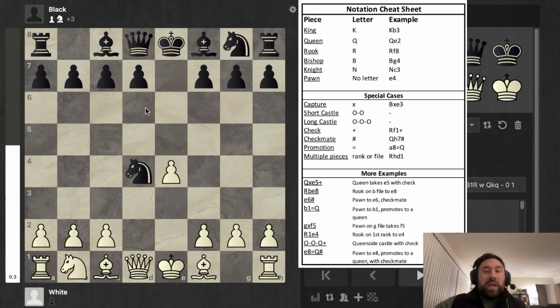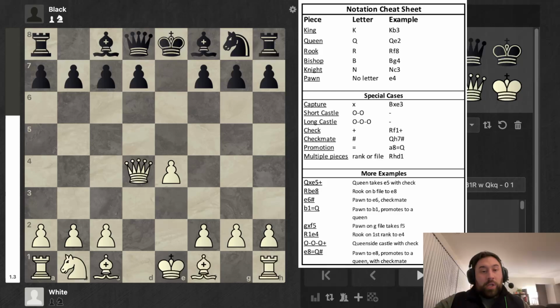And it will be easy to tell who is who, because as we record games with an actual score sheet, there will be a section for white and a section for black. So it'll be easy to see which color is making which move. And then to finish out this sequence, white is going to play queen takes D4, which would be written as QXD4.